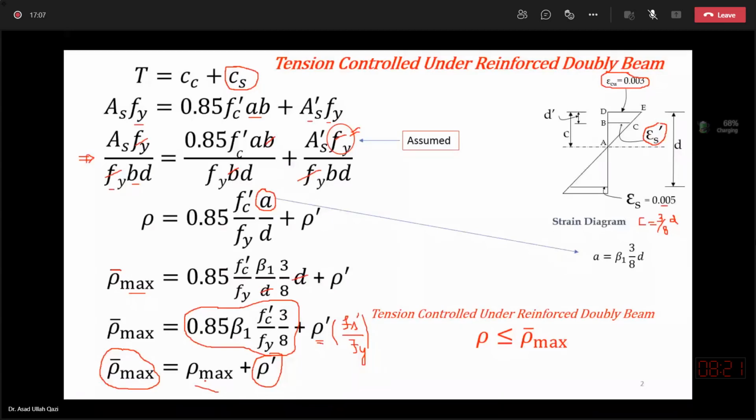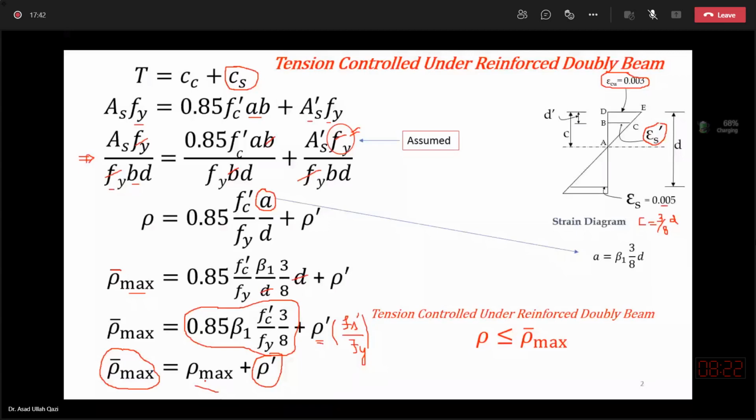But since in the next slides I am going to discuss the case 1 and case 2 assessment based on rho, this will become an open secret, because we will know the status of compression steel by calculating one rho value. So at this stage you can assume that for case 1 your equation will be rho max plus rho prime, and for case 2, rho max plus rho prime into Fs prime over Fy.